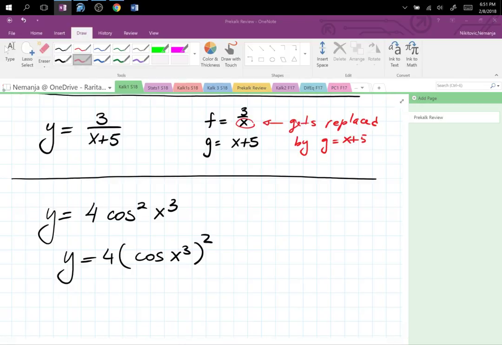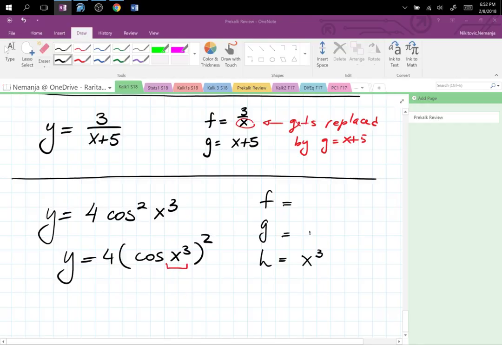Now I'm going to ask you, do you see that x cubed is plugged into cosine? Right? So I'm not going F, G, H. Let's see if we can fit everything with 3. So H is x cubed, because that's the most inner piece.